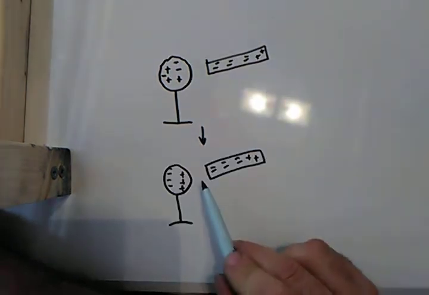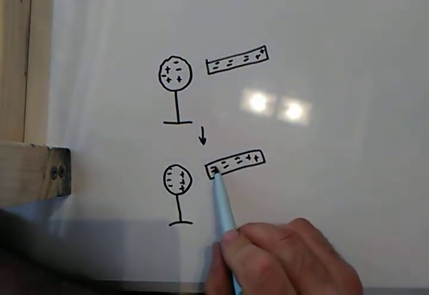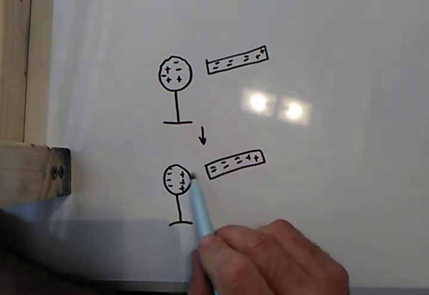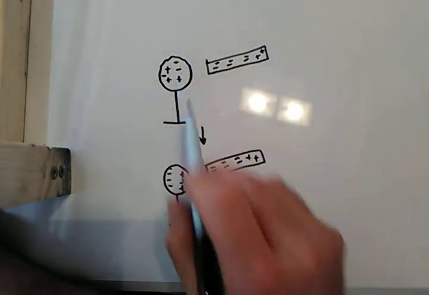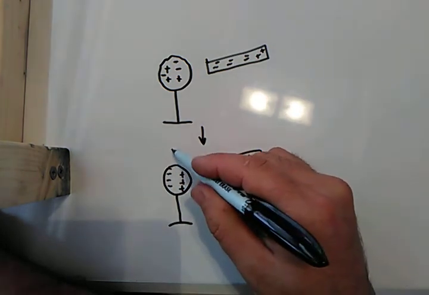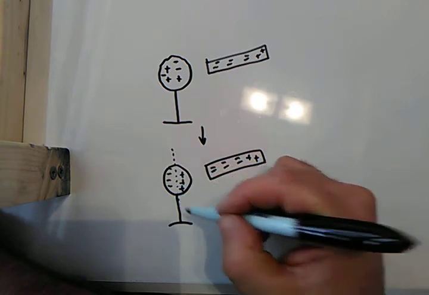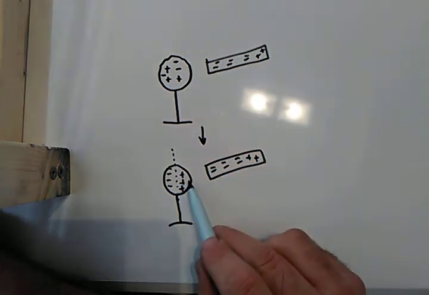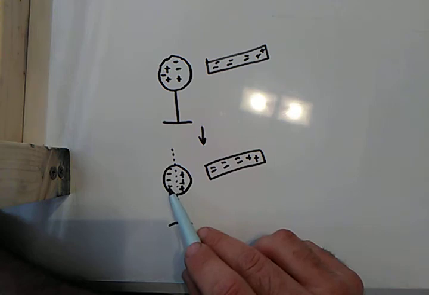What happens is, look, the electrons on this side are causing the electrons over here to flee as far over to the left-hand side of this diagram. So look what happens. The positives are on the right, the negatives are on the left.